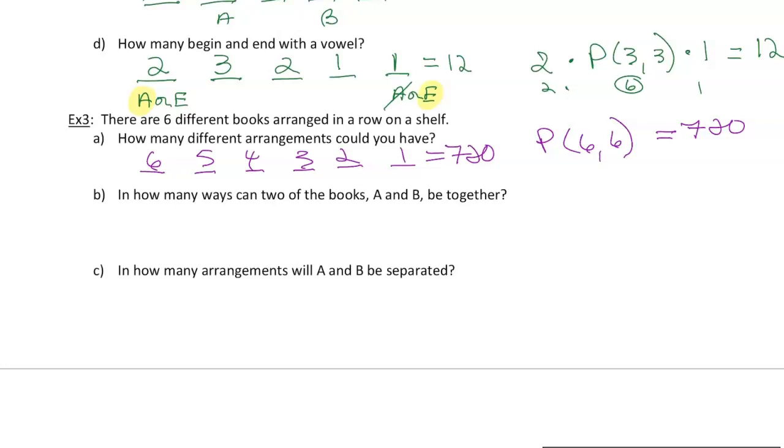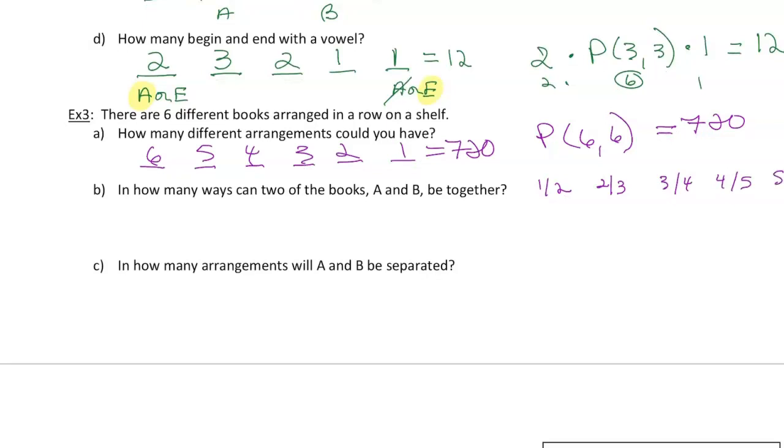In how many ways can two of the books, A and B, be together? Okay, so let's think about this. You can have A and B in positions 1 and 2, so have it be AB, or in positions 2, 3, or 3, 4, or 4, 5, or 5, 6.